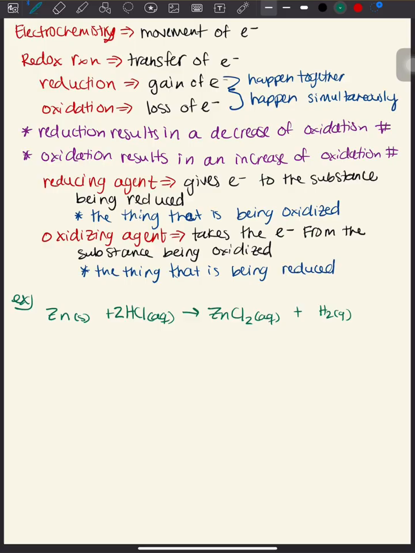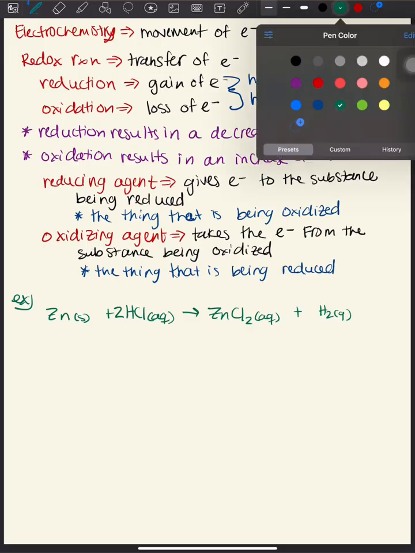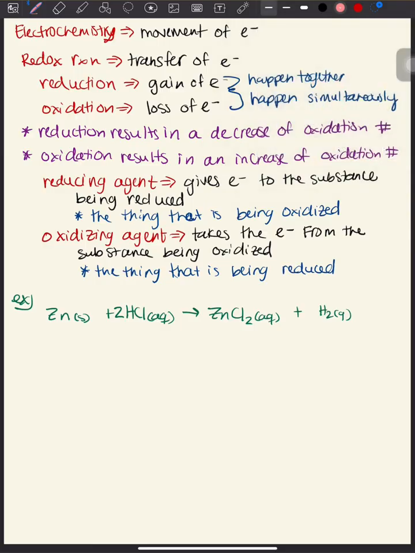Now, what I like to do is identify if this is even a redox reaction. And I think the easiest way to do that is to look at if there is a change in the oxidation number. So remember, every element in its elemental state has an oxidation number of 0. So I'm going to put a 0 by the zinc and the hydrogen.